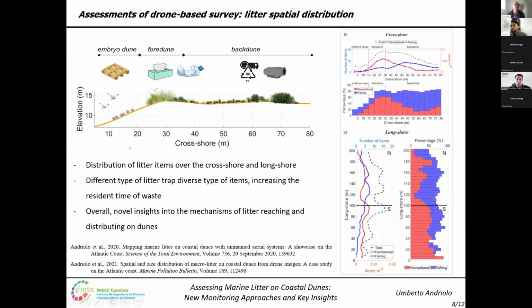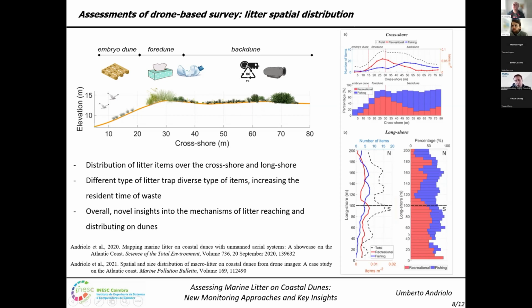So we also analyzed the spatial distribution over the cross-shore. Fishing-related items were mostly present in the back dune, whereas the items more related to recreational activities were on the foredune.